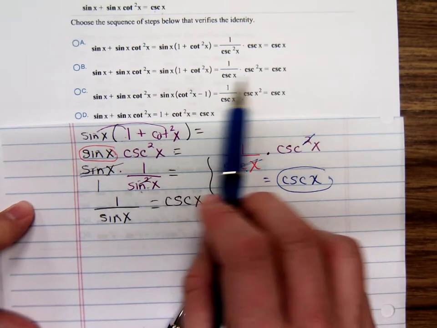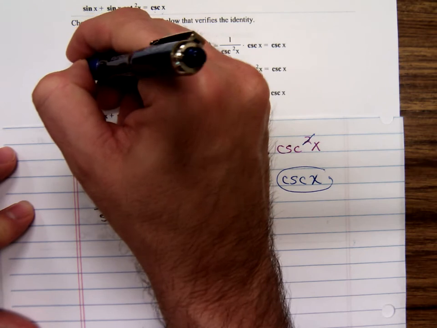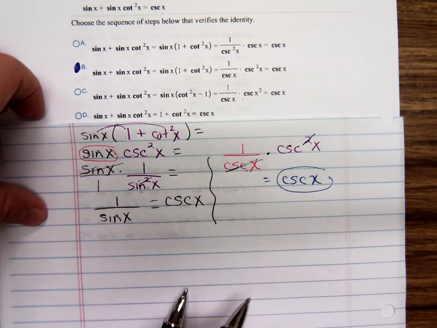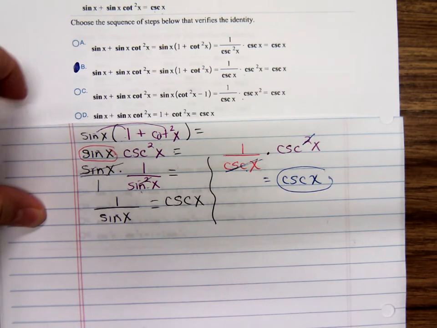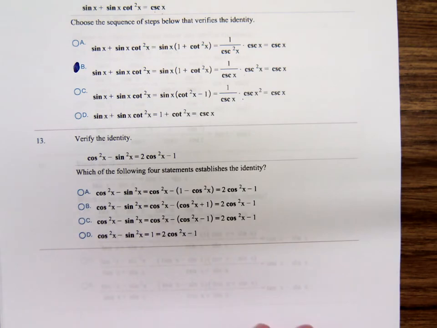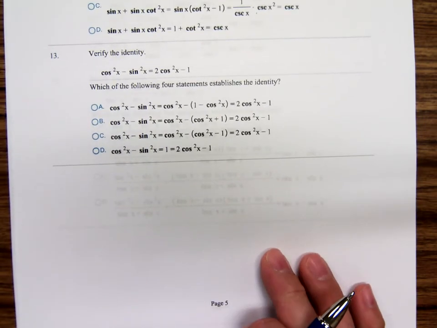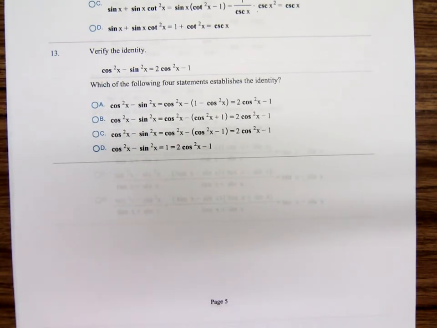But it is B that goes through those steps. Number 13. I guess I can just work this one down here.